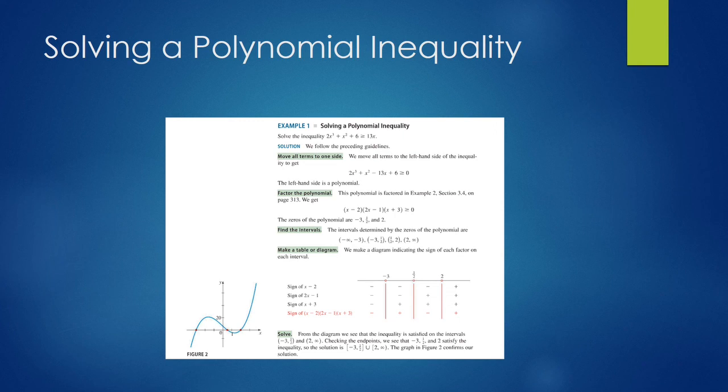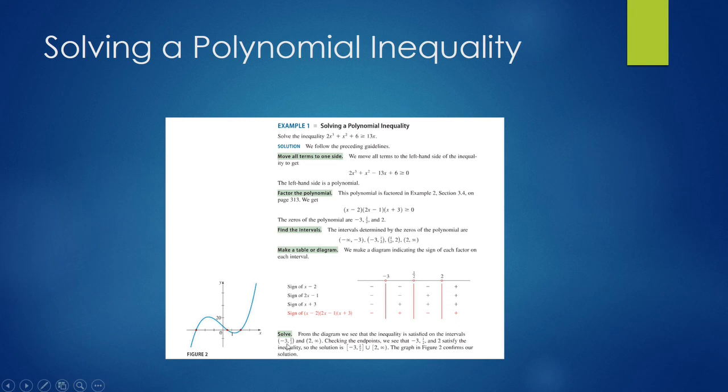And then I'm only looking for the values that are greater than 0. So I would only pick the positive values. So it would be here and here. What that's telling me is that I can only have values between -3 and 1/2, inclusive, because I do have an "or equal to," or it's going to be values greater than 2.